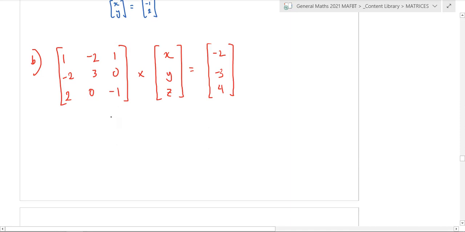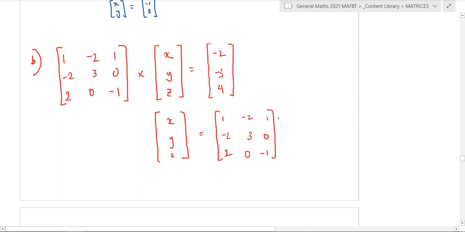So what that's going to look like is, give myself some space, X, Y, Z is equal to 1, -2, 1, -2, 3, 0, 2, 0, -1, inversed, times that answer matrix there, so -2, -3, 4.